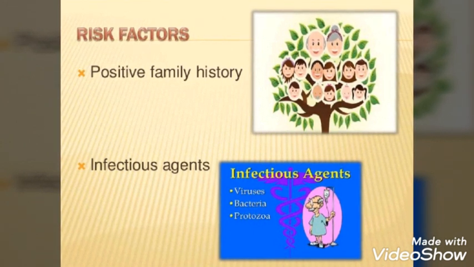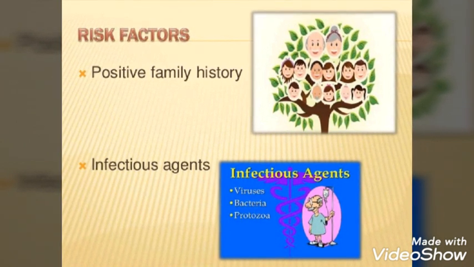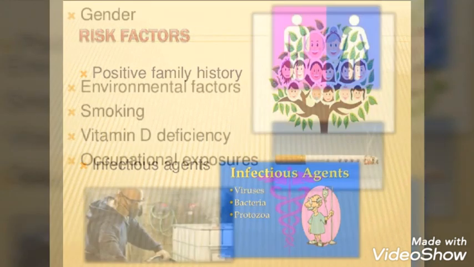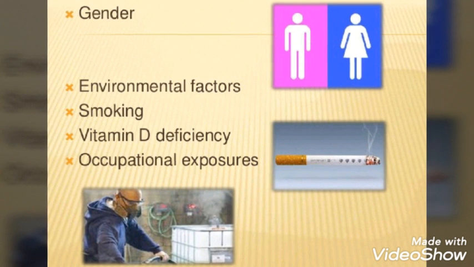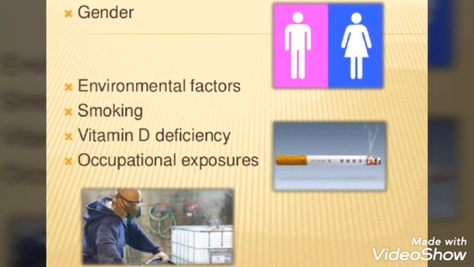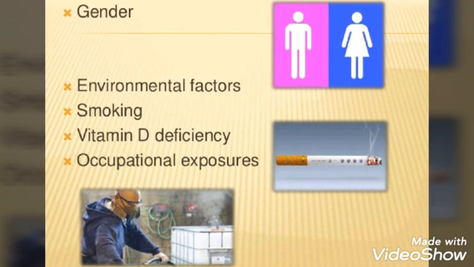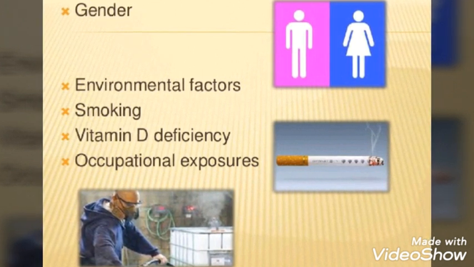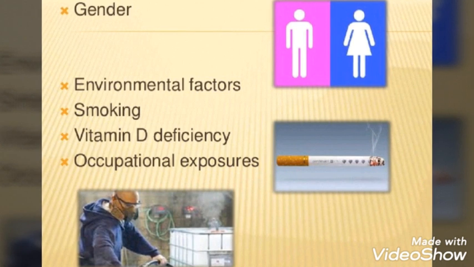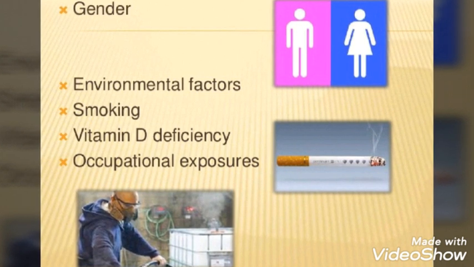So this infection can also cause arthritis. Then next is gender, that is male and female. Then environmental factors: smoking, vitamin D deficiency, occupational exposure. So these are some risk factors that can also cause rheumatoid arthritis in a human being.